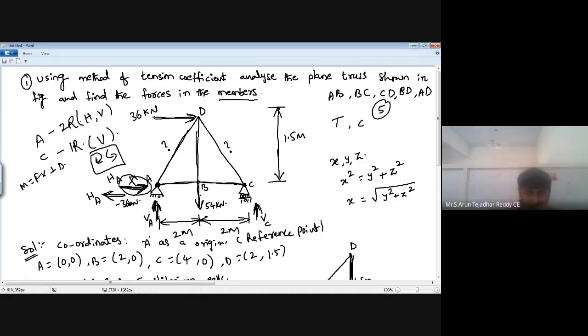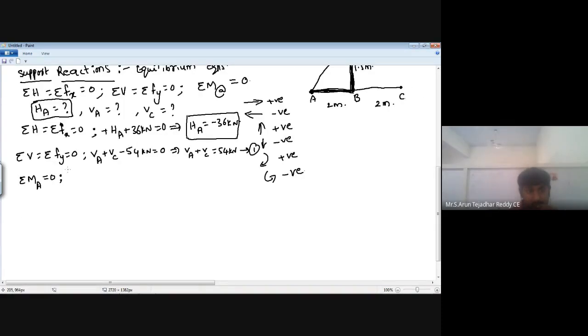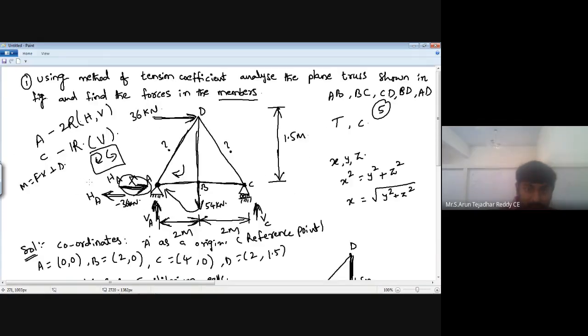The 54 kilonewton force is moving from B to A, which means clockwise direction, with perpendicular distance 2 meter. Clockwise means positive. So 54 into 2 meter.